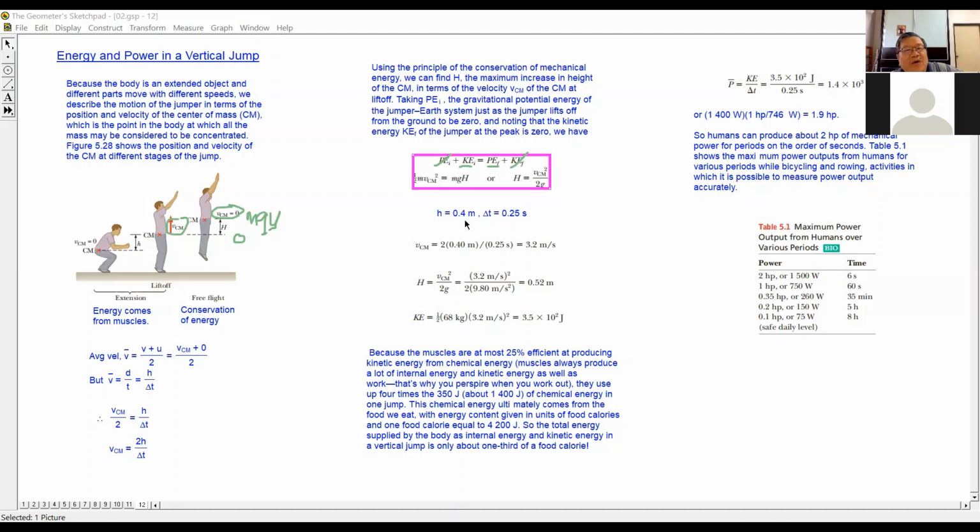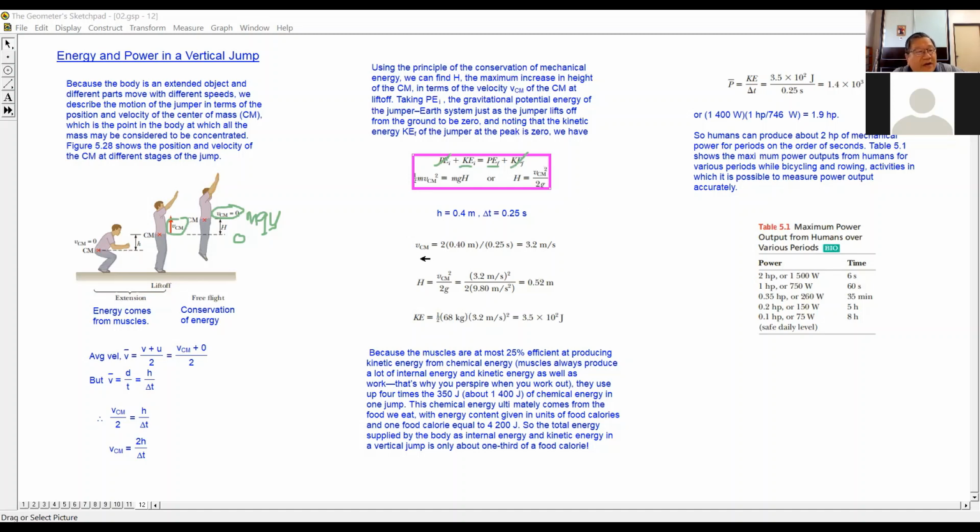This is their standard. And the time taken for this person to stretch his body from the bending position, spring up to the stretched position, is 0.25 seconds. So this is the estimate.